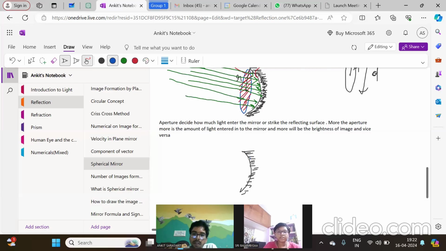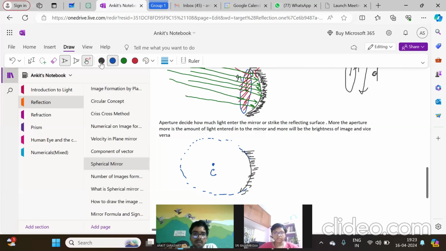Now you will make a complete sphere like this. First you make the sphere from which you form this concave mirror. Simply complete a sphere. Now you know where the center is. The center will be here.